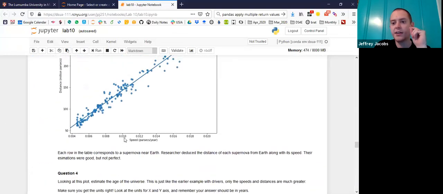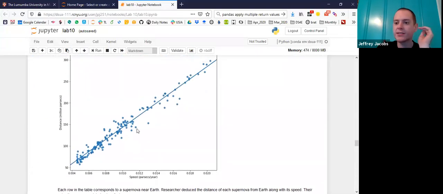where error is, just pick one of these points, right? Here we have a point at about x equals 0.013, right? And this line predicts that its distance is going to be like 180 or something, whereas its actual distance is 150, right? So the error there is 30.